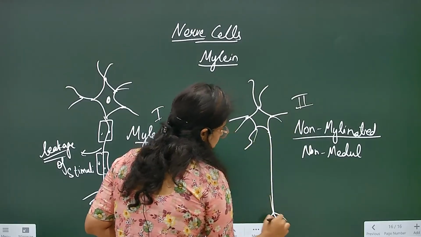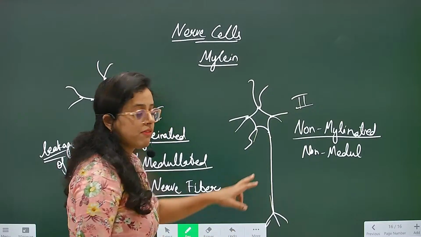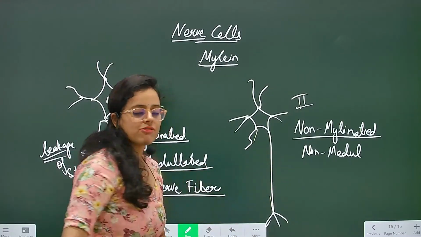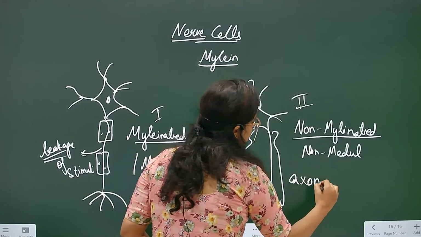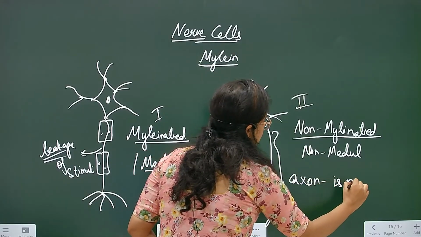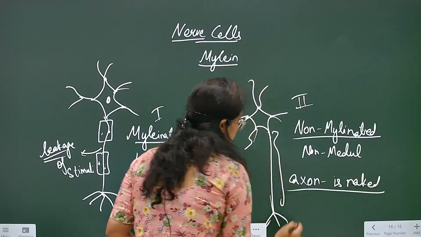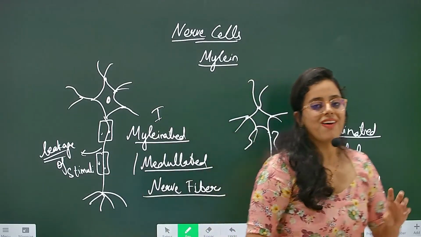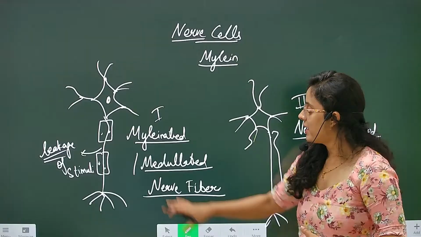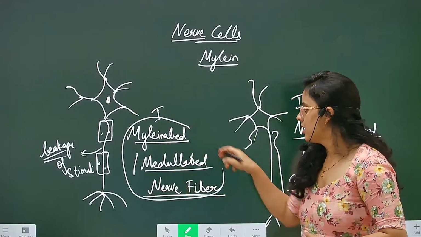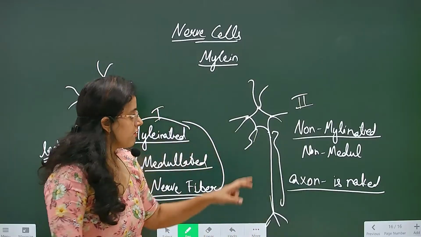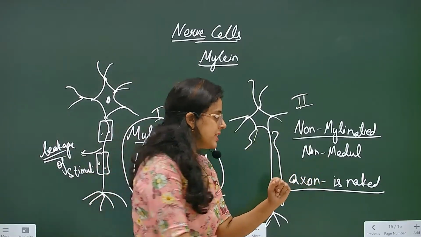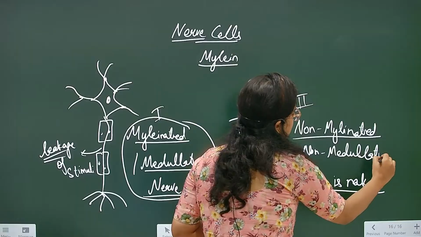They have axon termination. They don't have Schwann cells or a myelin sheath. The axon is naked. The brain consists of two types of matter, white matter and grey matter. White matter consists of myelinated or medullated nerve fibers, whereas grey matter consists of non-myelinated or non-medullated nerve fibers.